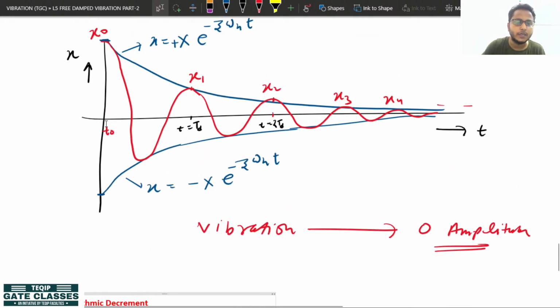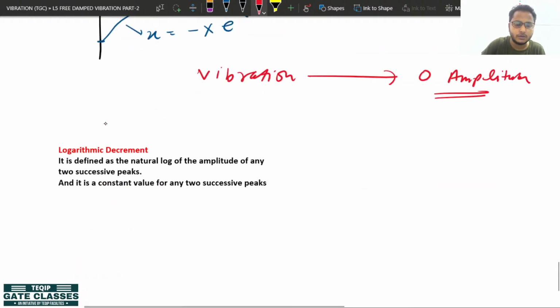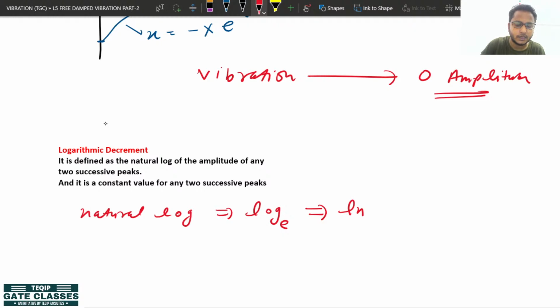Logarithmic decrement is the natural log. What is the meaning of natural log? If the log is with base exponential e, then it can be written as ln directly.